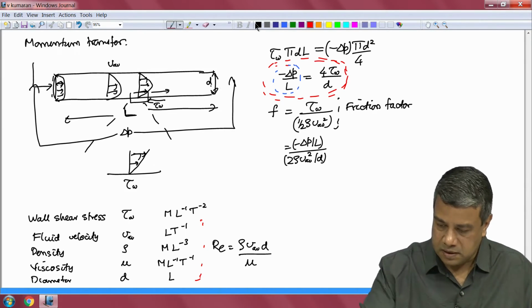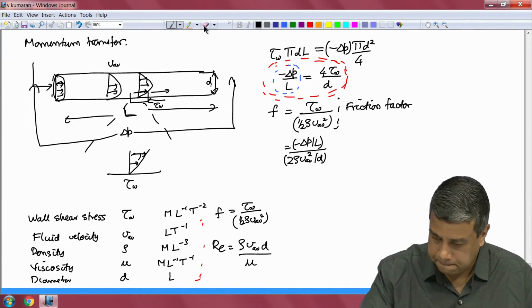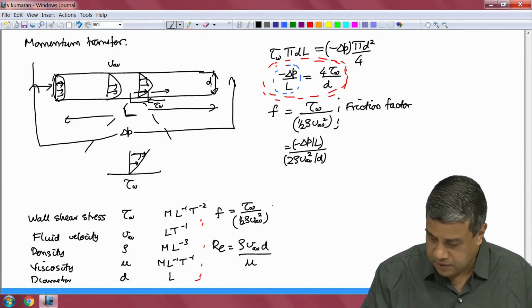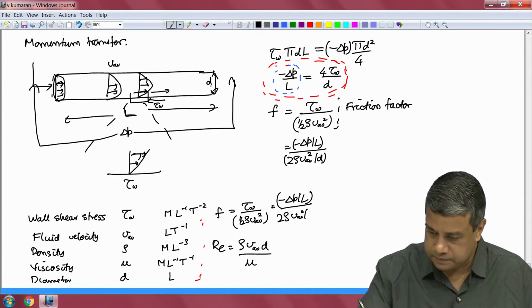So, therefore, the friction factor is equal to minus delta P by L by 2 rho V average square by d.